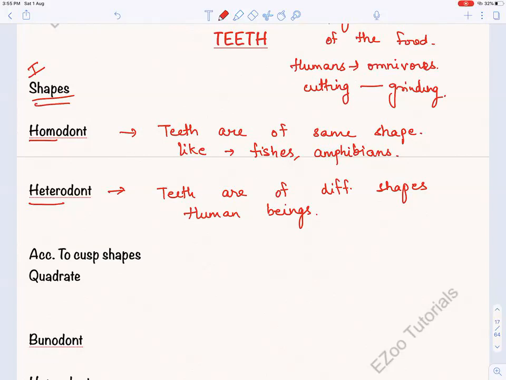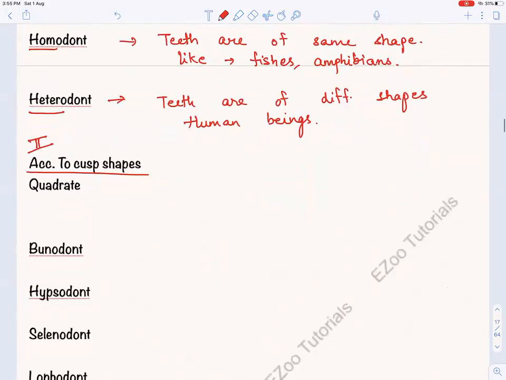Then the second basis that I took for the classification of teeth is according to cusp shapes. You know what cusps are? If you have a tooth, this portion is known as the cusps. Quadrate means, quad means 4, where the four cusps are arranged in a rectangle.